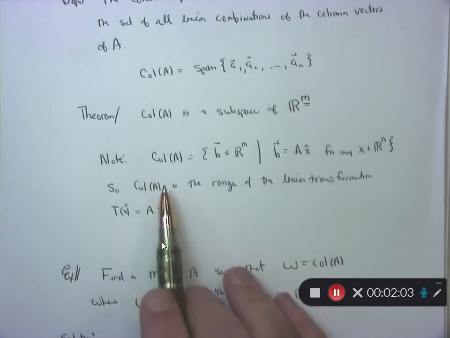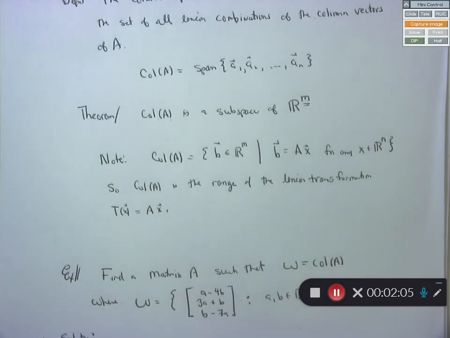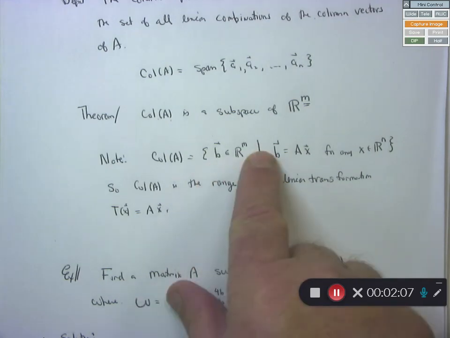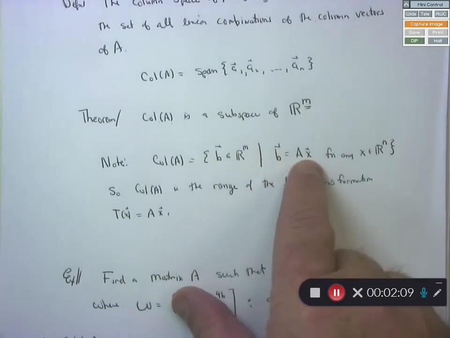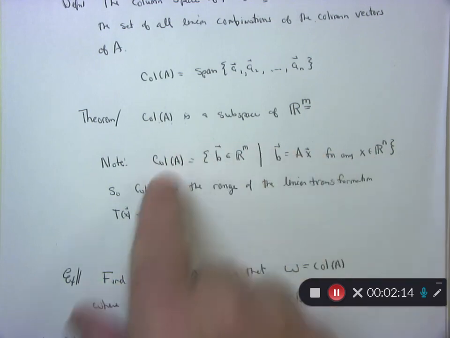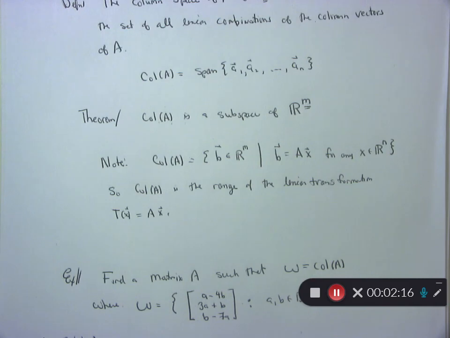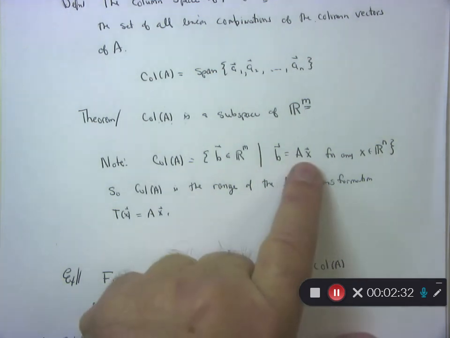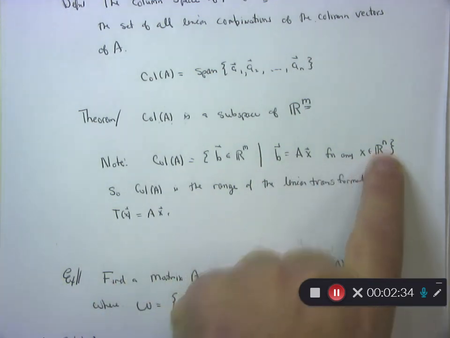Note, the column space of A is equal to the vectors B from Rm such that B is equal to A times X for any X in Rm. So this is the way you need to think about the column space. Basically, it's all the linear combinations of the columns of matrix A, and so you're in this particular space if you're a vector that is equal to a linear combination of the columns of A, which means A times X for any X element of Rm.